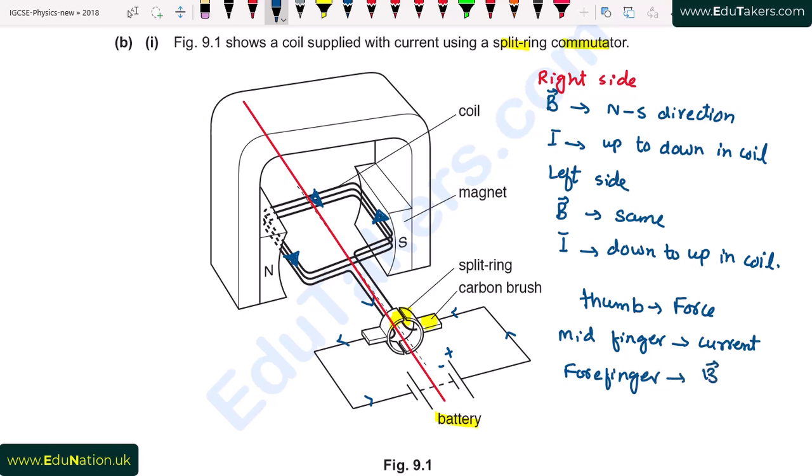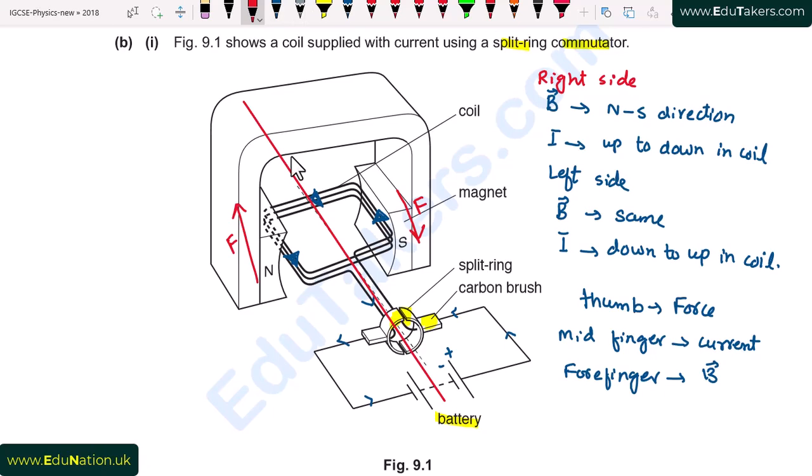So by using this rule, we can see that force on the left side will be in this direction, while on the right side force will be upward. So these two forces are equal but in opposite directions, and that's why the coil rotates, and the coil will rotate in clockwise direction.